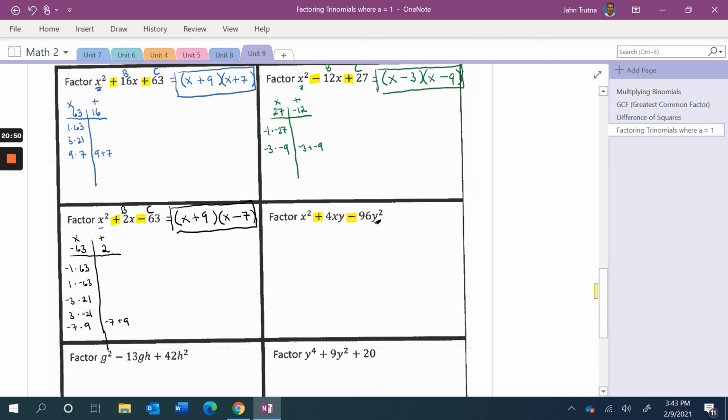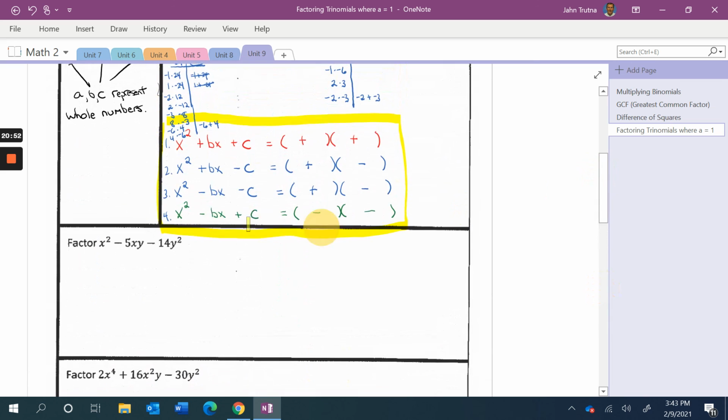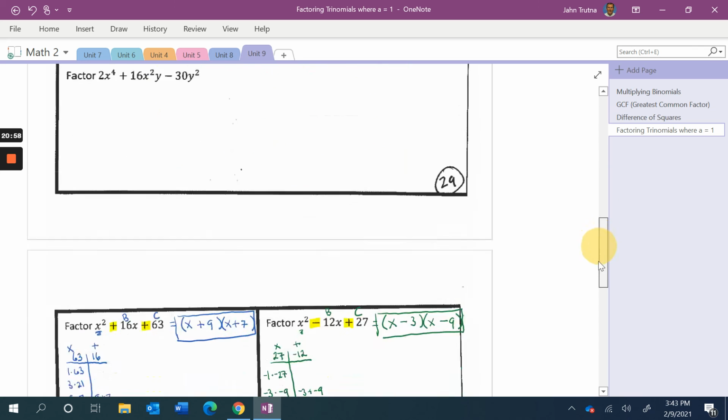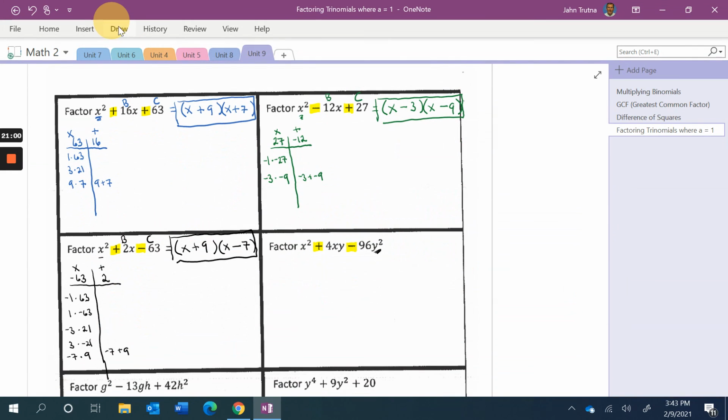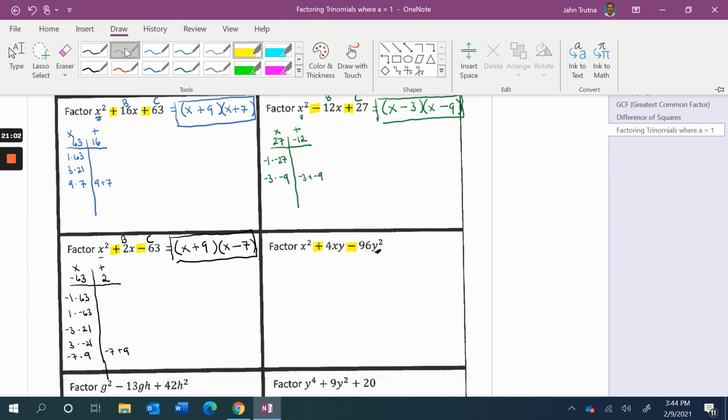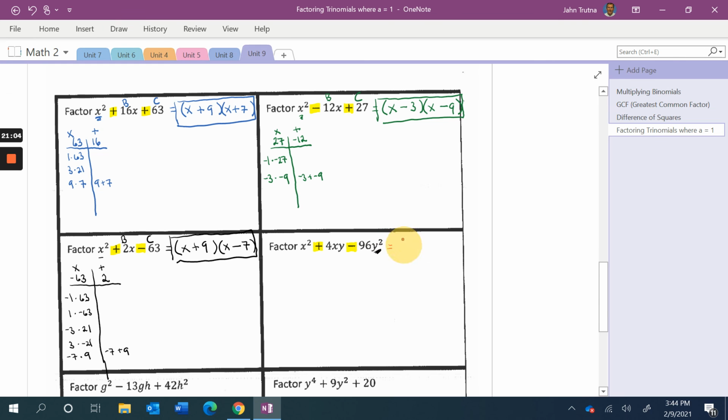So a plus minus would fall under number 2. So my factors are going to be a plus and a minus. When I set up the factor here, I'm going to have my two quantities. One of them is going to be an addition, one of them is going to be a subtraction. Each one is going to start with x, because x times x is x squared.